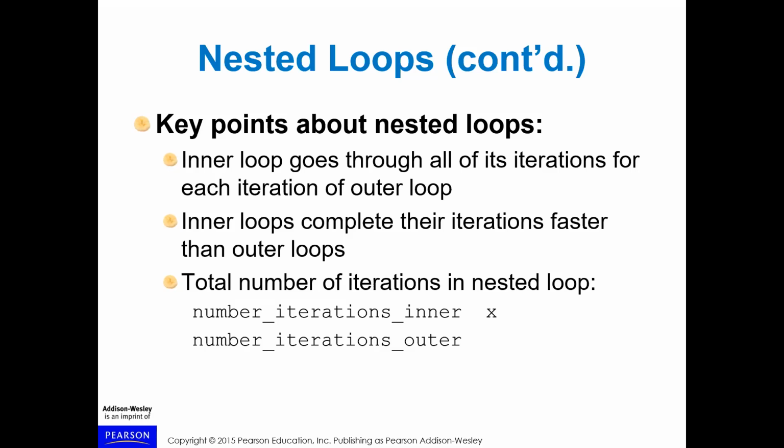Inner loops complete their iterations faster than outer loops. Sure, not faster because they're somehow faster in the CPU, they will perform all the iterations. Total number of iterations in a nested loop is the number of iterations of the inner loop times the number of iterations of the outer loop.